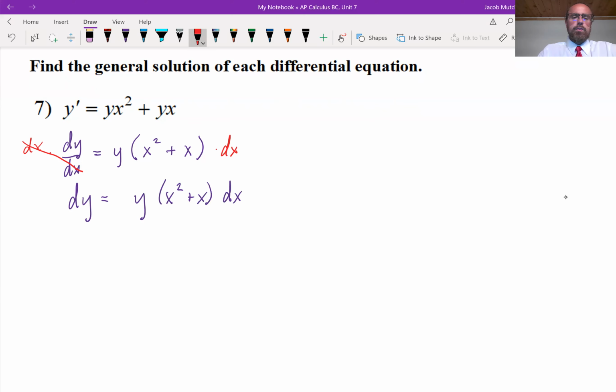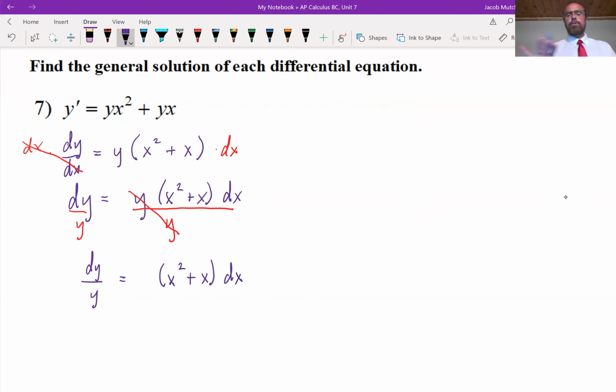I see I've got this factored y here on the right side. It's out of place, so I need to divide it off. And at that point, we're ready to integrate. I've got dy over y on the left, so those are my y terms, equals x squared plus x dx. And at that moment, our variables are separated.